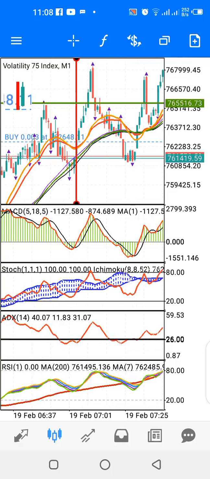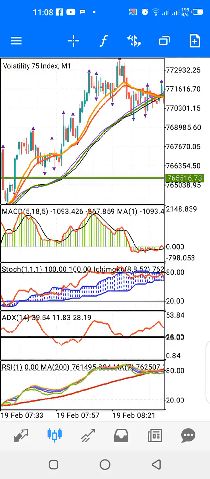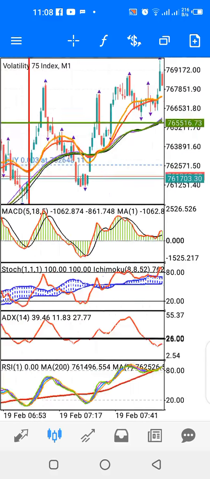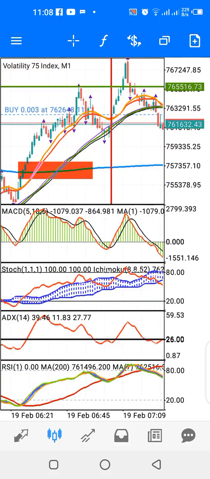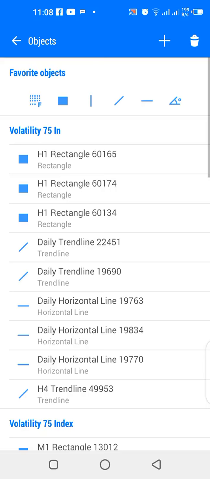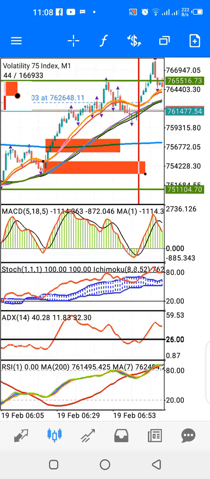So if you bought, you can see price went up to an extent. Your stop loss will be the nearest low, and your nearest low is somewhere here.